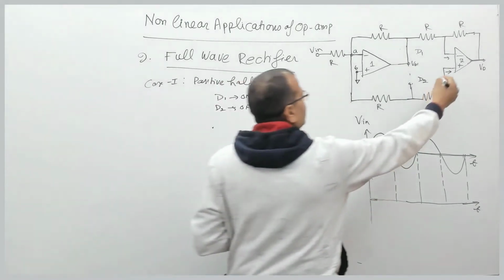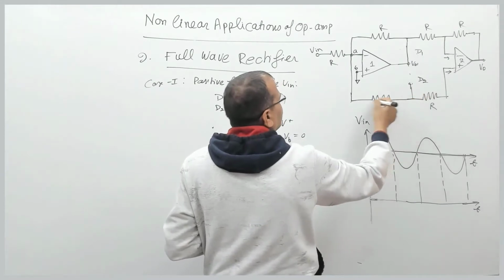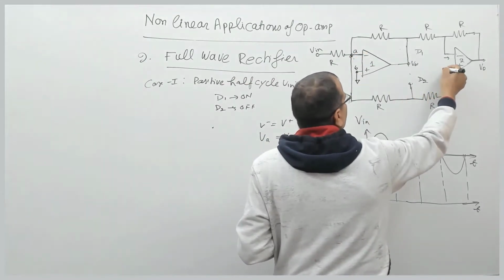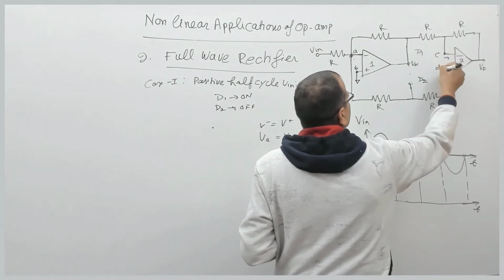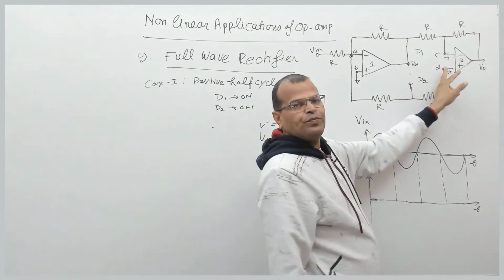If the current here is 0, this is open, so whatever is the potential here, which is 0 potential, the same will be the potential at this point. So this is C, this is D. Fine. So the voltage at this point is 0.